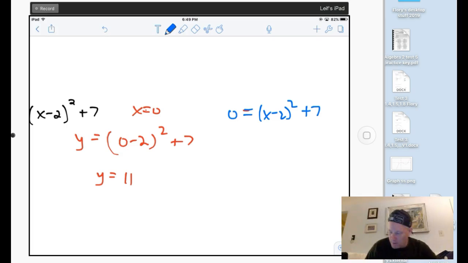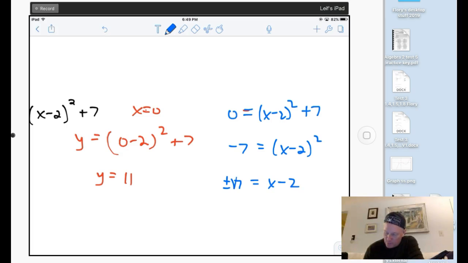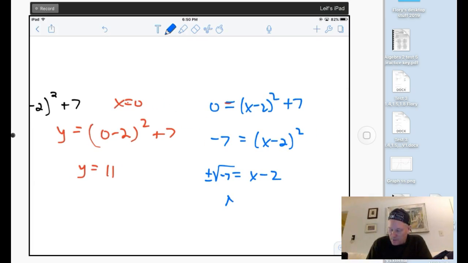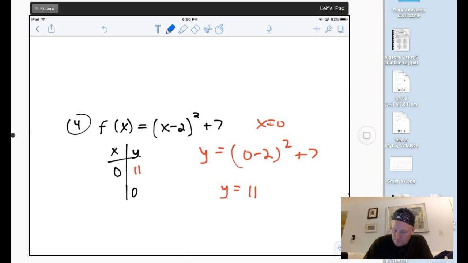All right, next, let's see. So I'm going to subtract 7 from both sides. I get negative 7 equals x minus 2 squared. And then I'm going to take the square root of both sides, and I get plus or minus root 7 equals x minus 2. So this one's interesting because I get the square root of negative 7, which really there is none. So we're going to say there's no y-intercept, okay? So that one's got none.